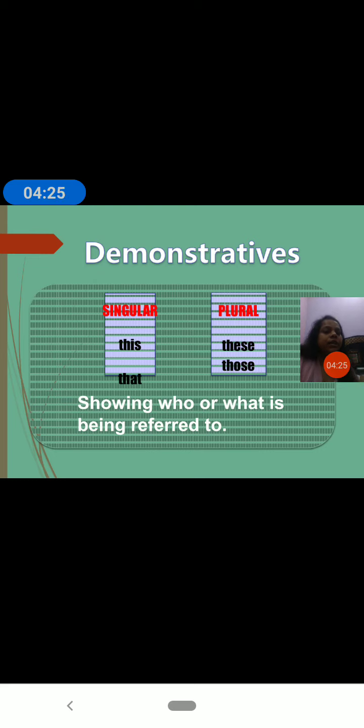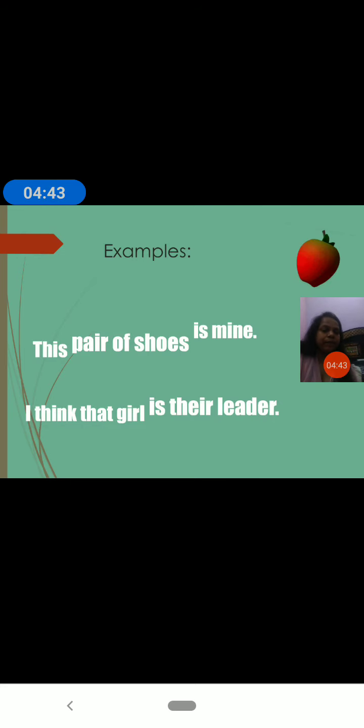Demonstrative determiners are used for showing who or what is being referred to by this, that in singular form, these and those in plural form. For example, this pair of shoes is mine. I think that girl is the leader.